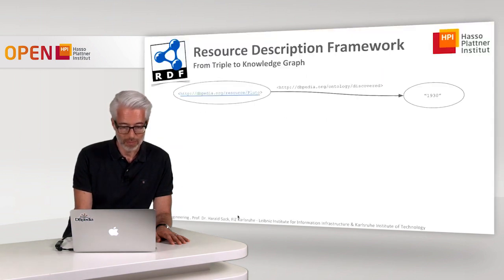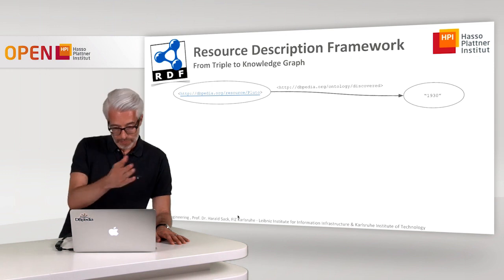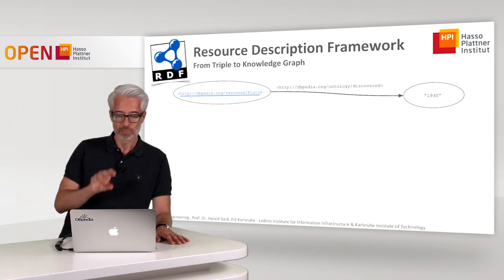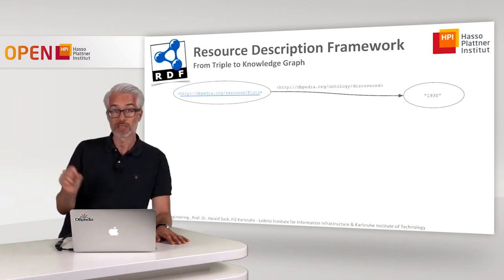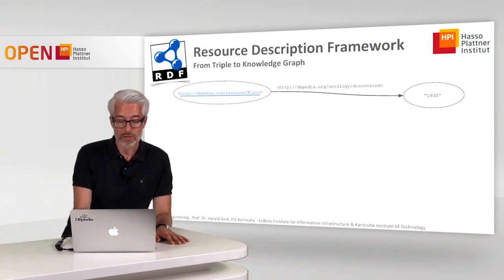So let's go back to our graph representation. Starting with the first RDF triple we have looked at, we have here Pluto, has been discovered in 1930. The interesting thing is, of course, you can follow this knowledge, and there is lots of interesting facts.